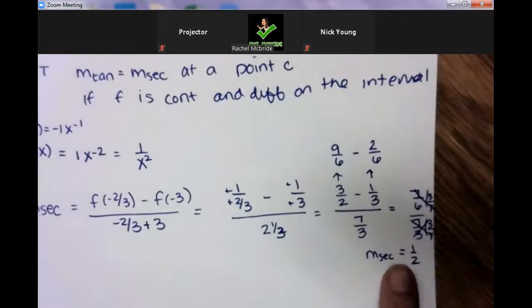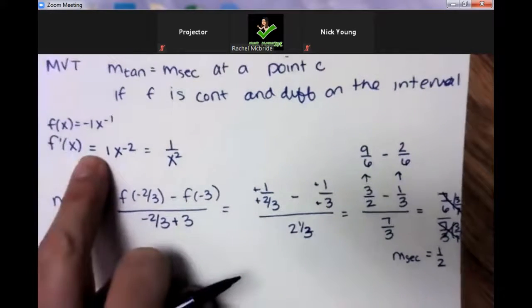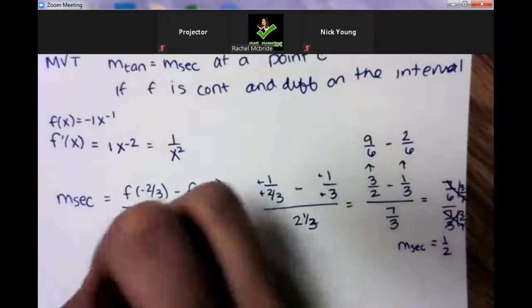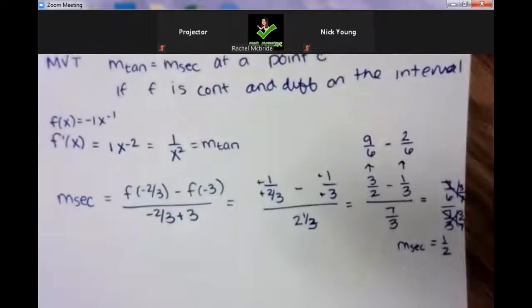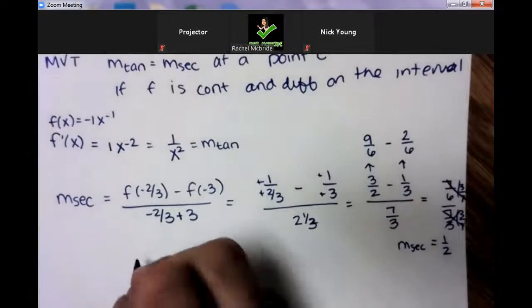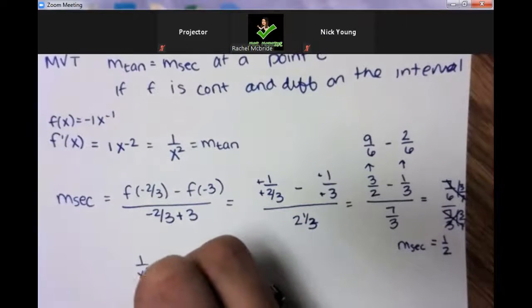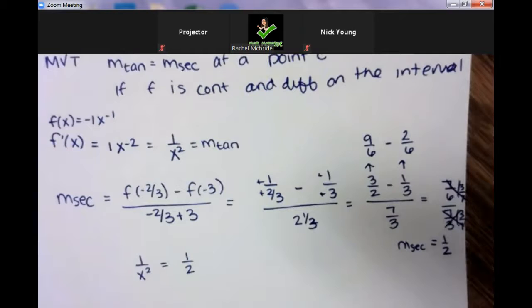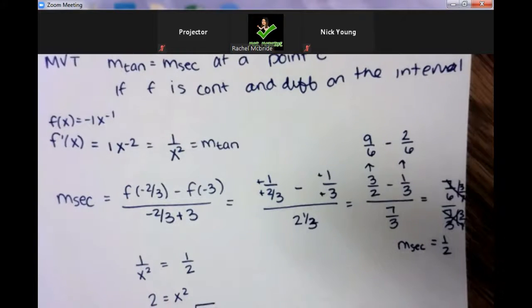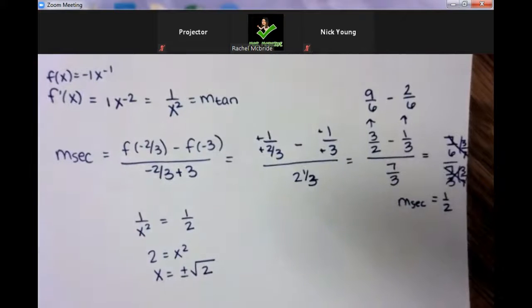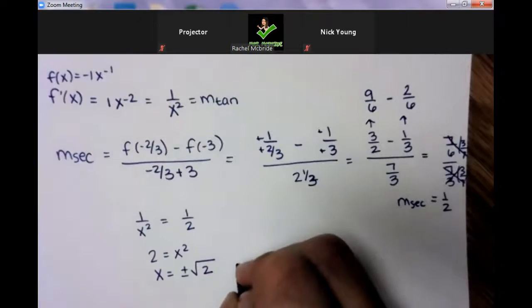So we need the slope of the secant to equal the slope of the tangent. Well, the slope of the tangent is represented by the derivative. So I need 1 over x squared to equal 1/2. So I need x to equal plus or minus the square root of 2.